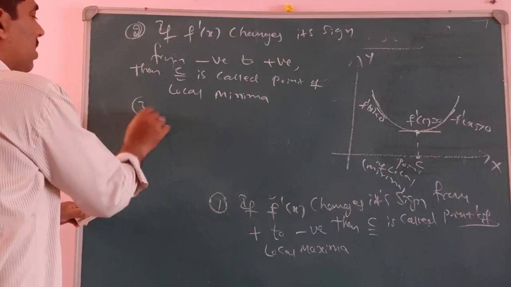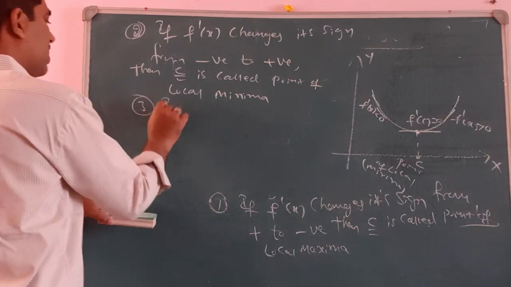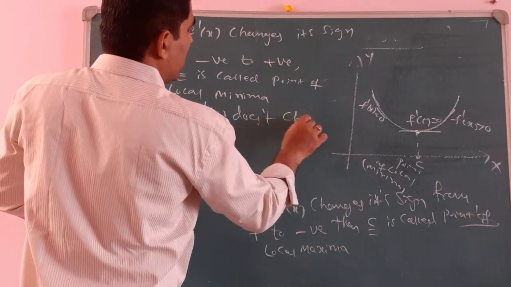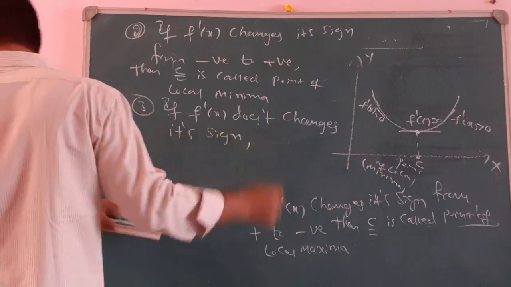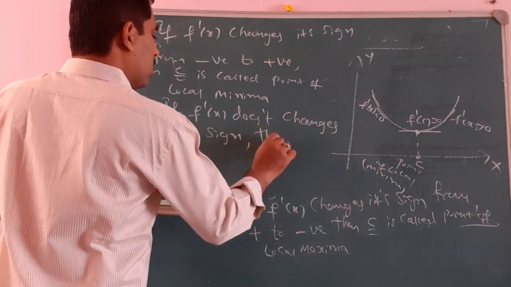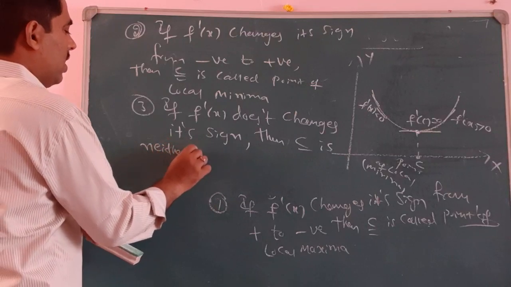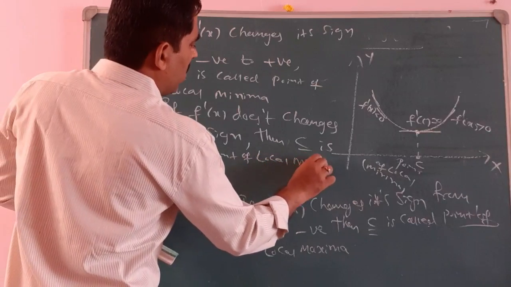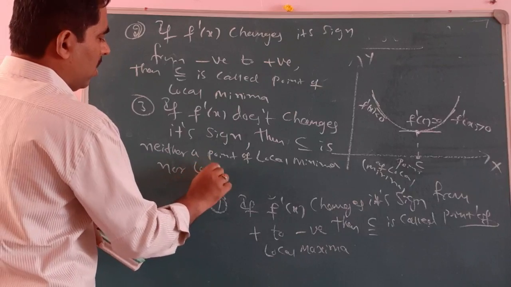So what is the third point? If f dash x does not change its sign, then that point c is neither a point of local minima nor local maxima.